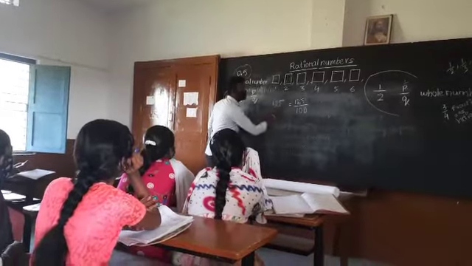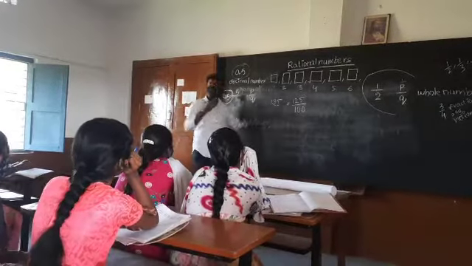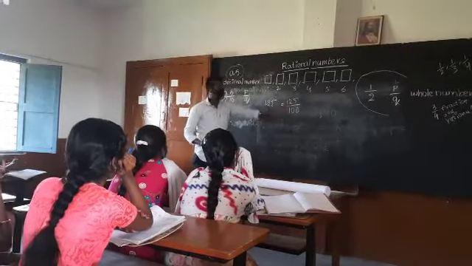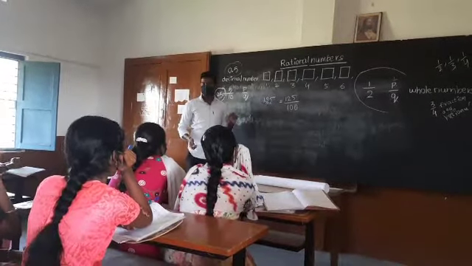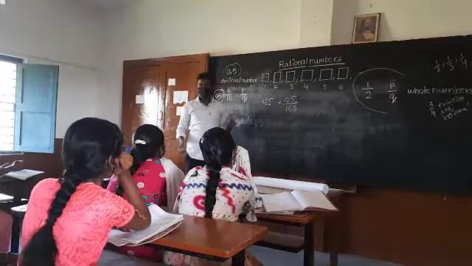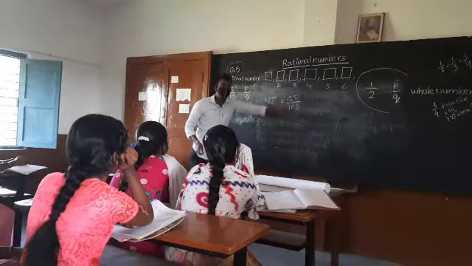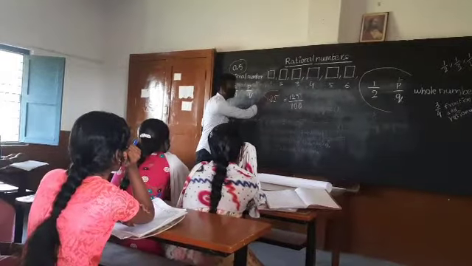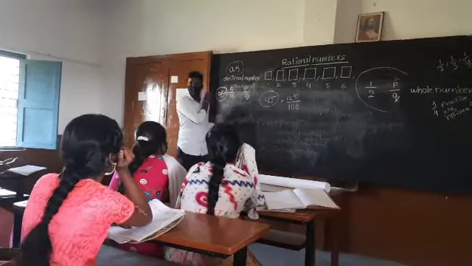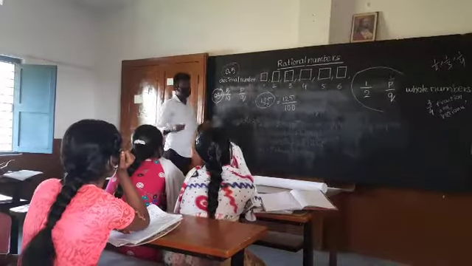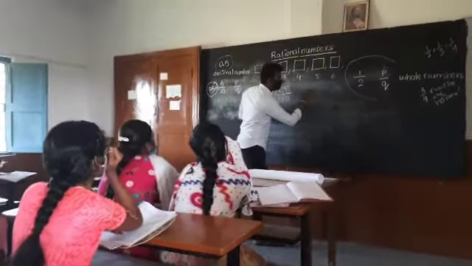So this 1.25 is also expressed in the form of P by Q, 125 is a positive integer, 100 is a positive integer. Both are integers and expressed in the form of P by Q. Can we call 1.25 a rational number? Yes, sir. Very good. You are on the track now.